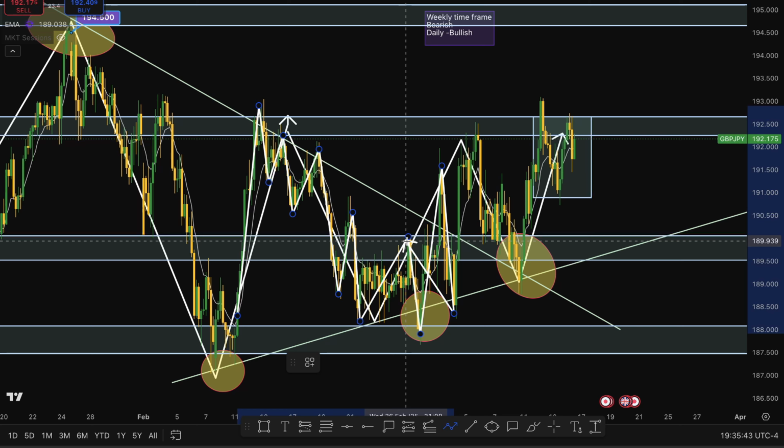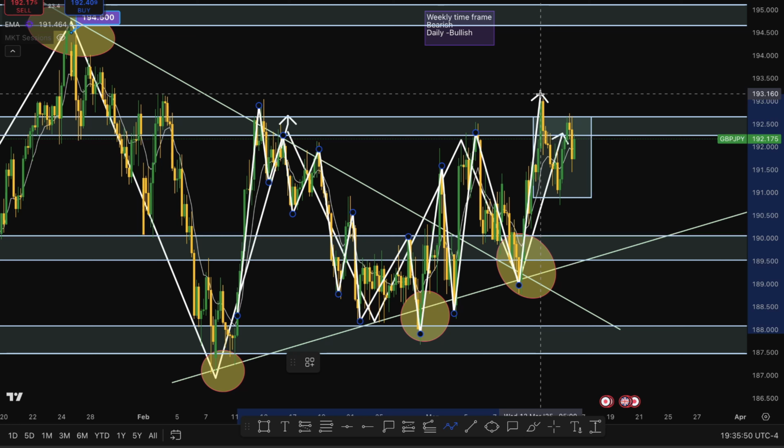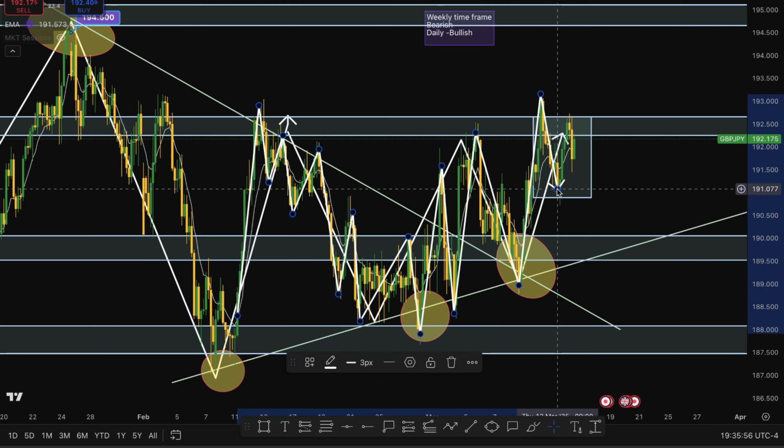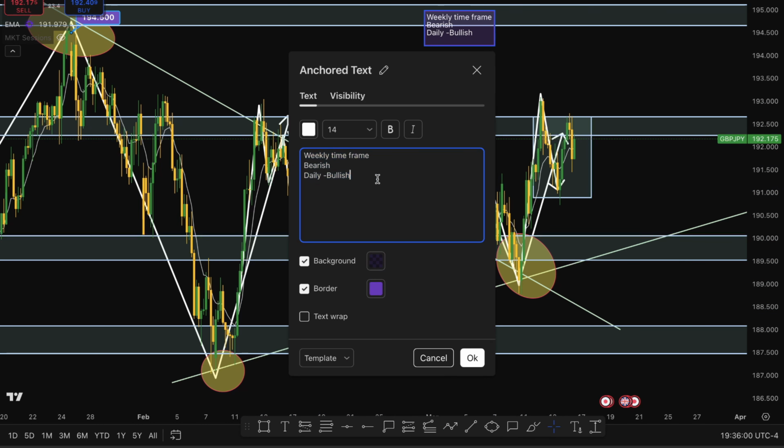So we saw the shift of structure just around here, came back into that area, created another higher high, and now it's looking to create a new higher high. So I'm going to go on and say on the 4-hour, I'm actually seeing bullish structure. So for the coming week, at least from Monday to about Tuesday, Wednesday, I'm only looking for buys.